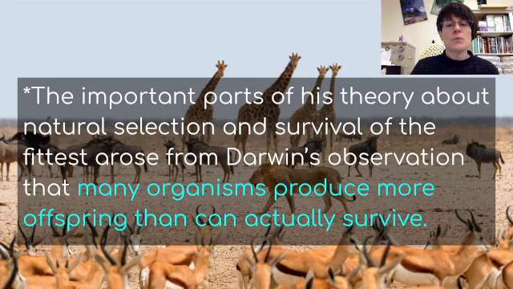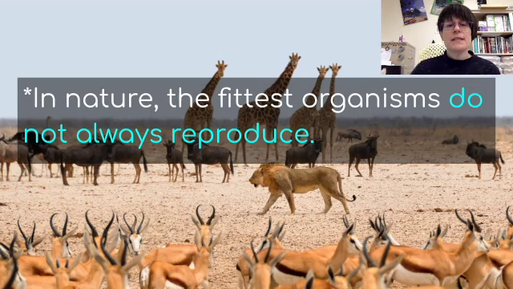So that is what he based this on, is that more are produced than will actually survive, and he said the fittest would survive. However, in nature, the fittest organisms do not always reproduce. So there is a problem with that idea.